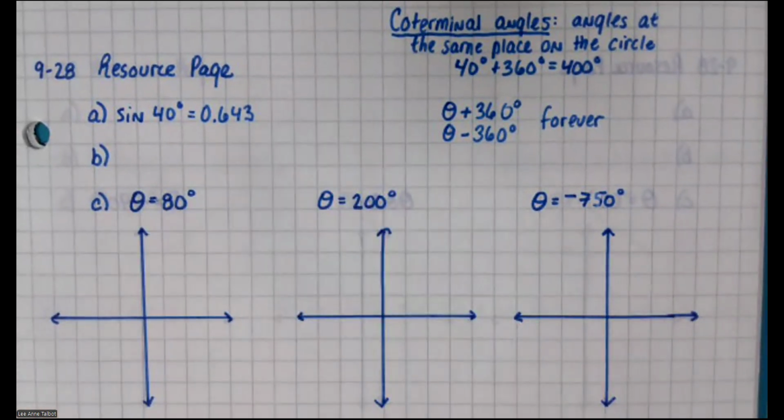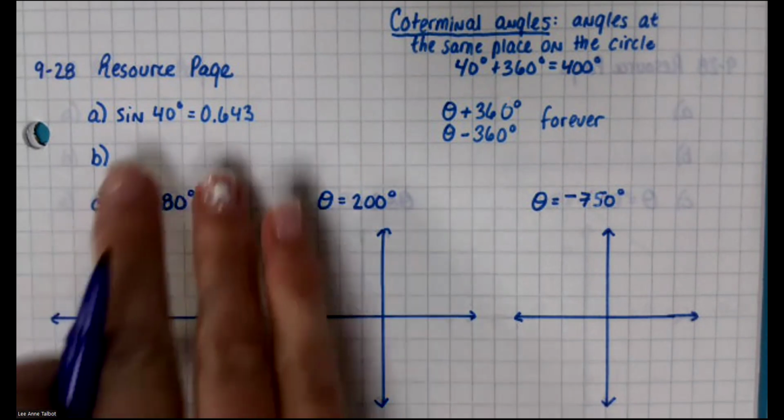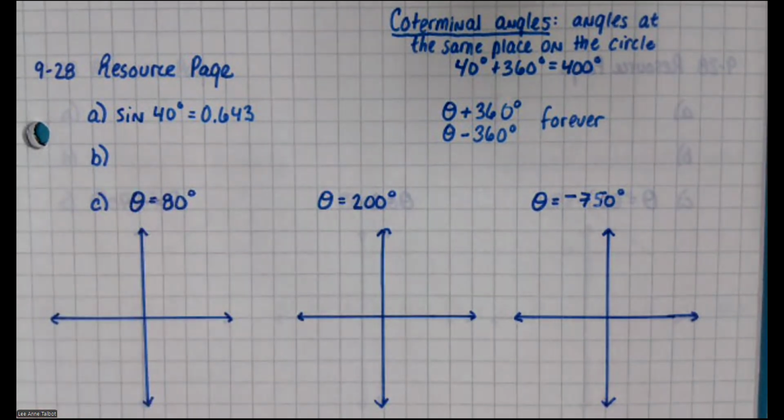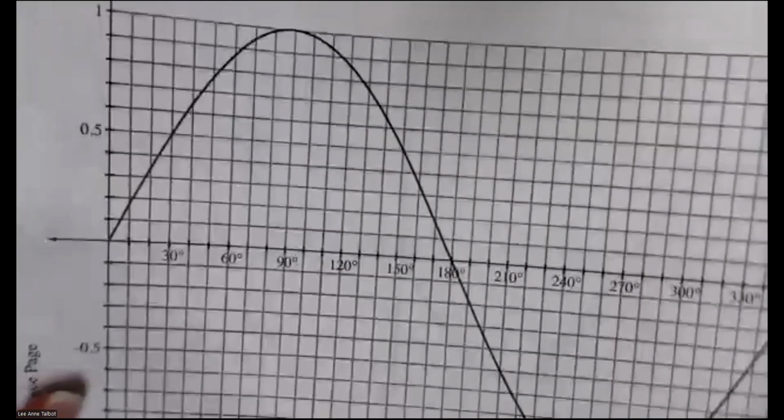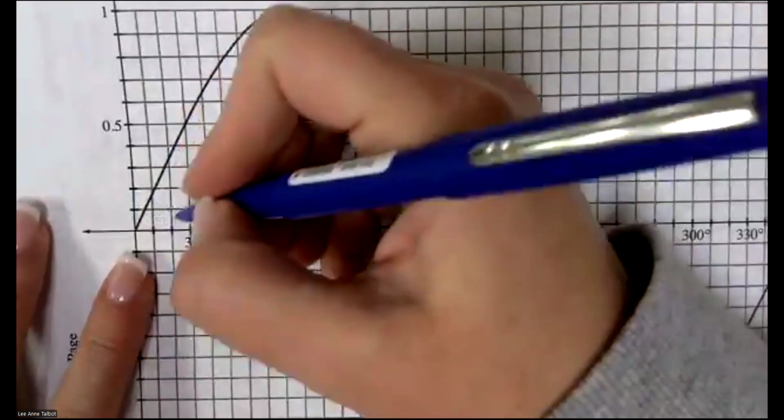And I want to make the connection between the screamer, which is actually called the unit circle, and the sine wave. So if you could get your resource page out, I want you to locate for me the sine of 40 degrees on your resource page. So to do that, you're going to count over to 40.